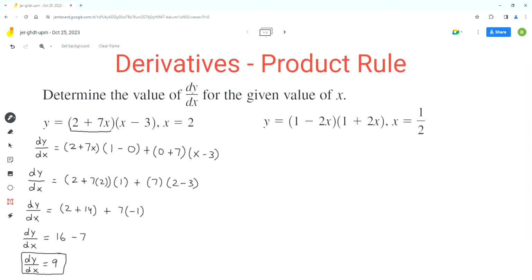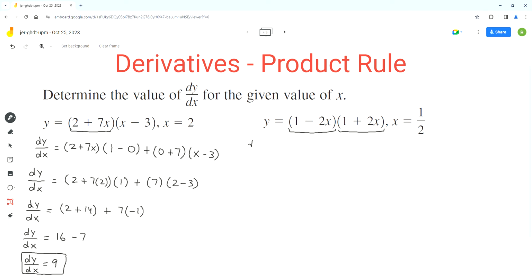Now we can analyze the second given function. The second given function is a product of two functions. The first function is 1 minus 2x, and the second one is 1 plus 2x. So we can use the product rule.